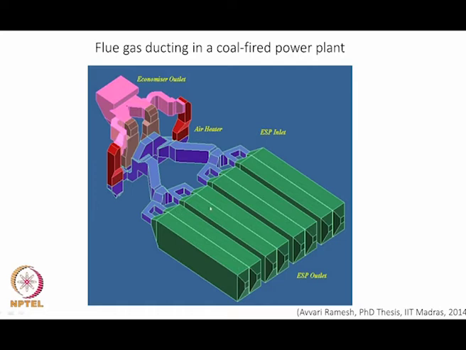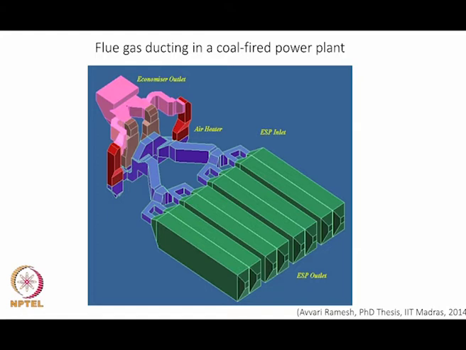But if one of them is under maintenance, then you open the gate valve here and then you close it down here, so that all the air coming from here and here is fed through this, and then these 2 are working. So, you can have a situation where only 2 of them are working full time to remove all the dust from the flue gas, or all the 4 of them are working, and so you need to have a provision for it.